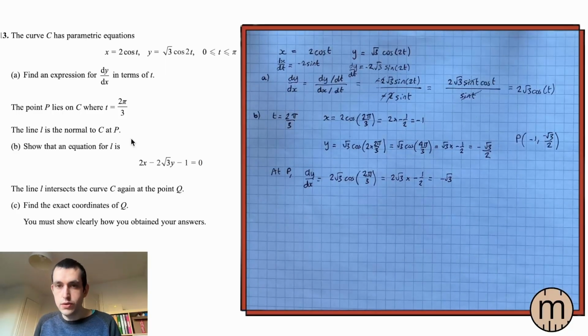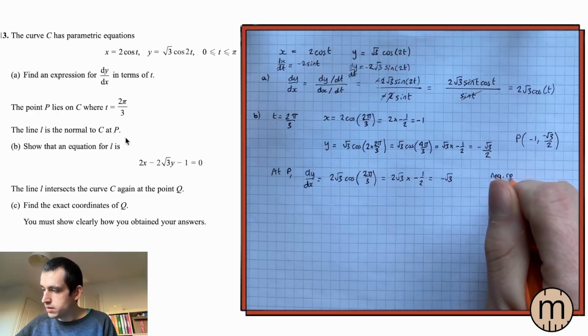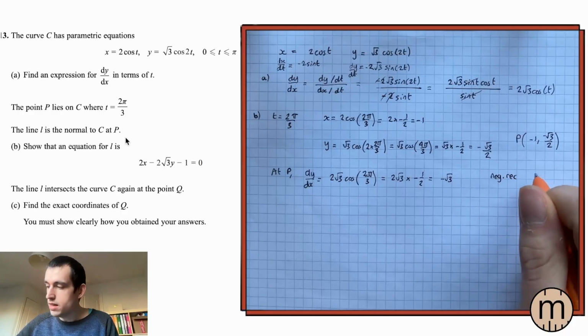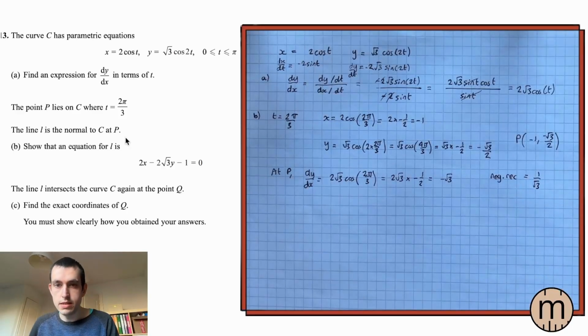So the gradient at the point P is minus root 3, but the line is normal to C at P. Therefore, we need the negative reciprocal, the neg rec, if you're cool like me. That's going to be 1 over root 3.